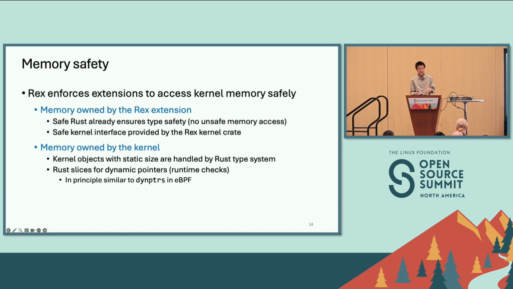This is further aided by the safe kernel interface provided by the Rex kernel crate for cases where the extension program needs to send pointers to the kernel. For memory owned by the kernel, kernel objects with static sizes are again handled by the Rust type system. For dynamically sized kernel objects, such as packets, we use Rust slices, which provide built-in bounds checks. This is in principle similar to the dynamic pointers in eBPF, if you're familiar with that.